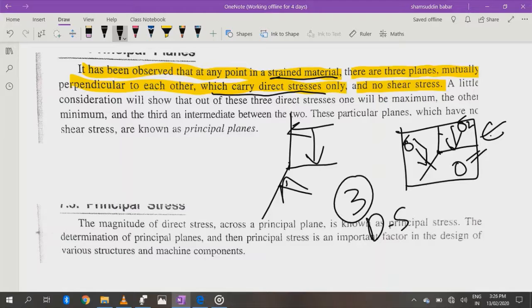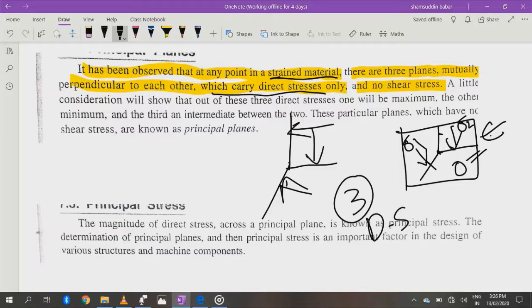So it is said that of these stresses, one will be maximum, one will be minimum, and one will be in between these two. And this is a simple concept, the simple property of a real number, that there must be one of three relations between two numbers, that either two numbers are equal, greater, or smaller.